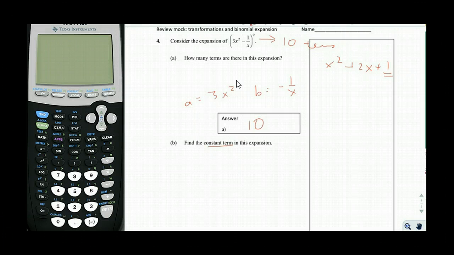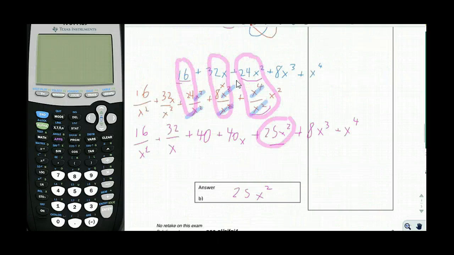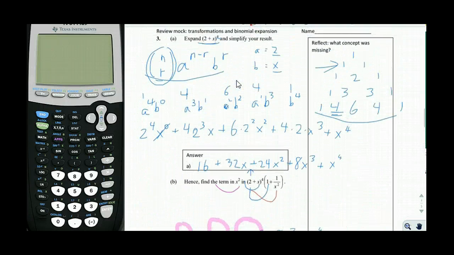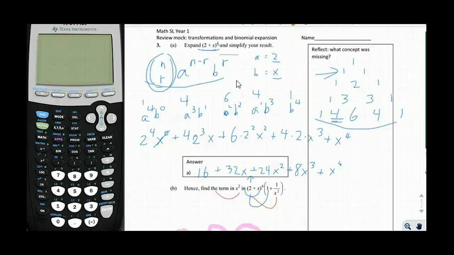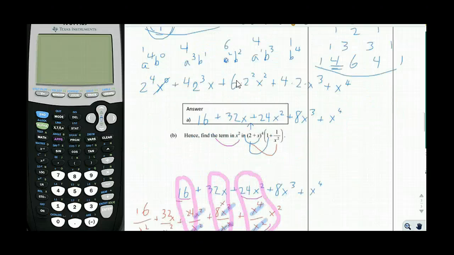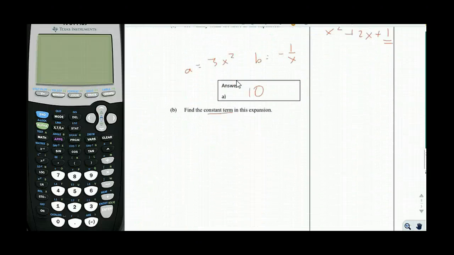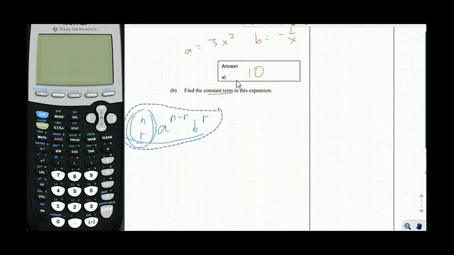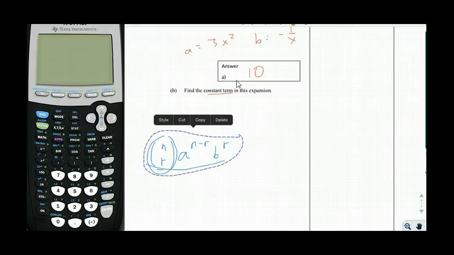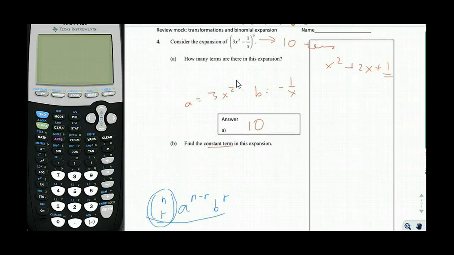And here, you're going to want to use probably the formula and the calculator. For example, remember this formula here? This is the formula for a term. And let's try to figure out which term we're looking for, because this is quite a big one. And if we don't know which term we're looking for, we're going to be writing a lot of math down.